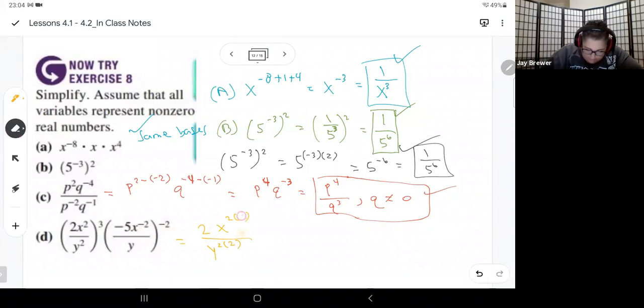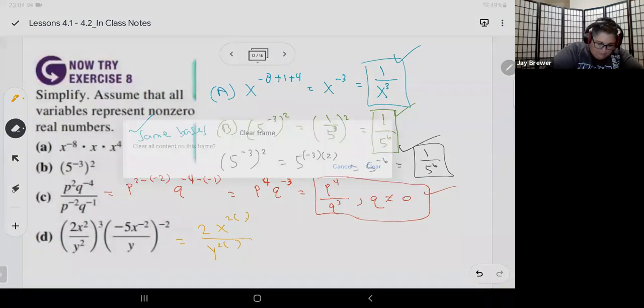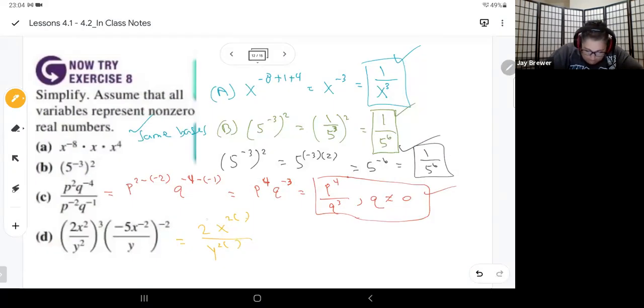Those are cubes. Sorry, guys. Like I said, getting a little tired. Then we also have negative 5 to the negative 2 power times x to the negative 2 times negative 2 over y to the first times negative 2.